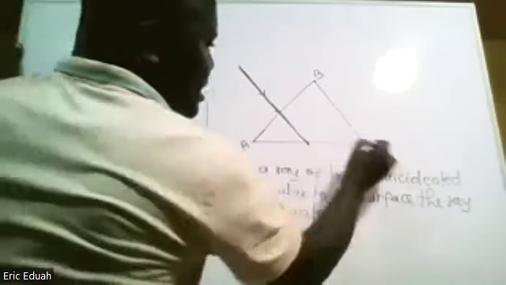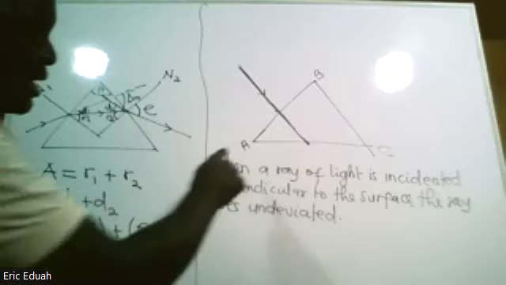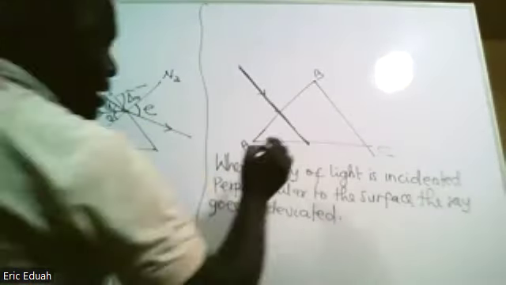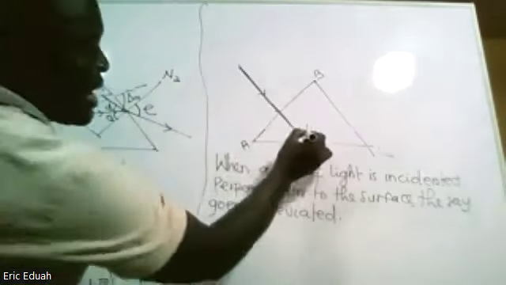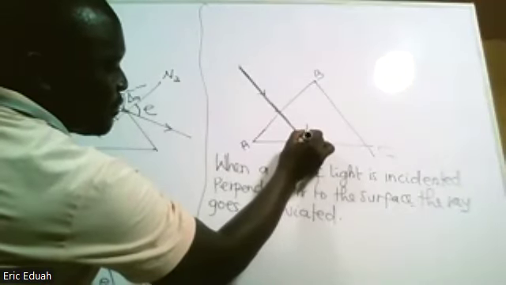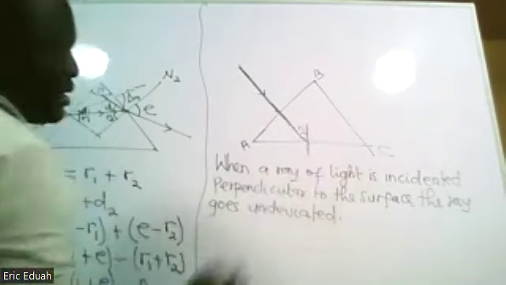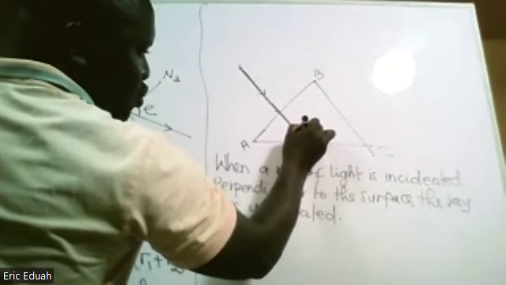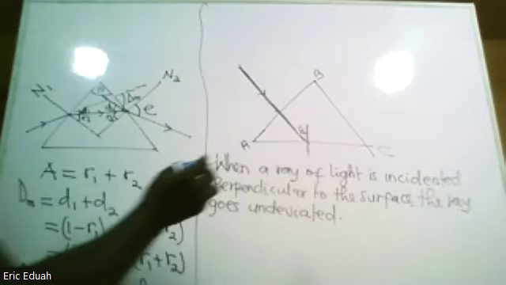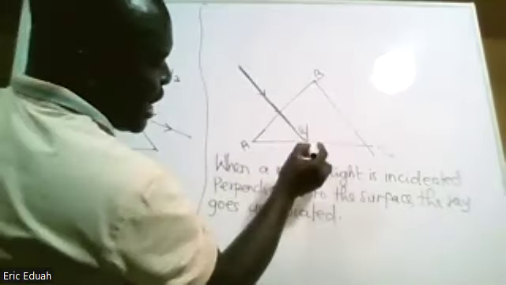Now, when it comes to the surface AC, when the ray gets to the surface AC, because when you draw a normal, this time it is at a certain angle. This is R1 or R2. R1 is 0, but R2 has a certain value. When it comes here, because it is coming out of glass to air, it will be deviated.